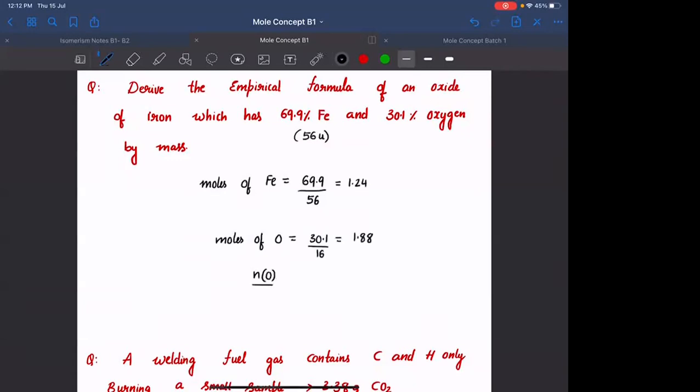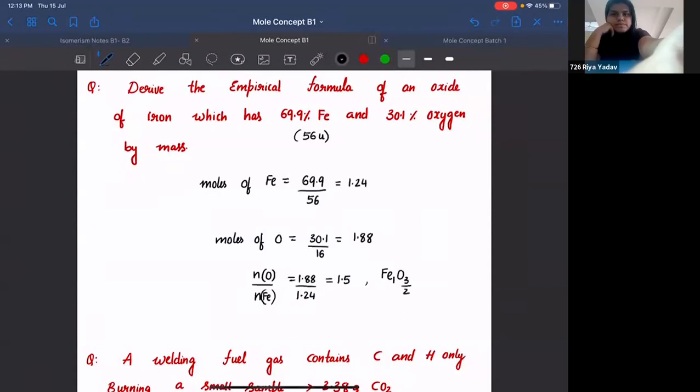Moles of oxygen divided by moles of Fe, because that is a larger number ना, 1.88 divided by 1.24. I think you got this as 1.5. So you can have the simplest ratio as Fe1 oxygen 1.5, which is equal to 3/2.